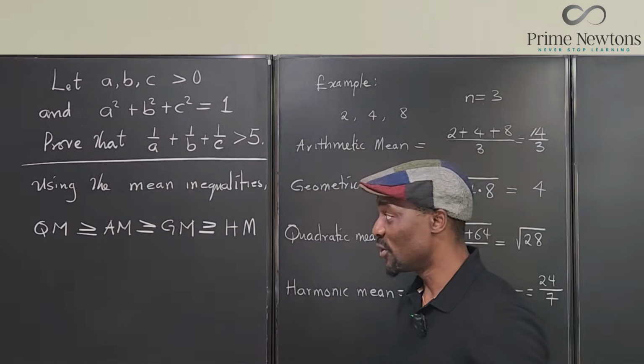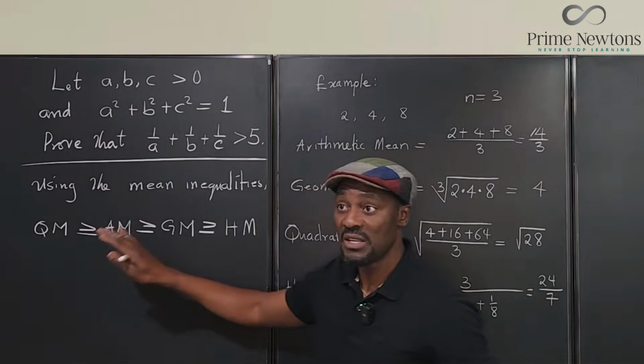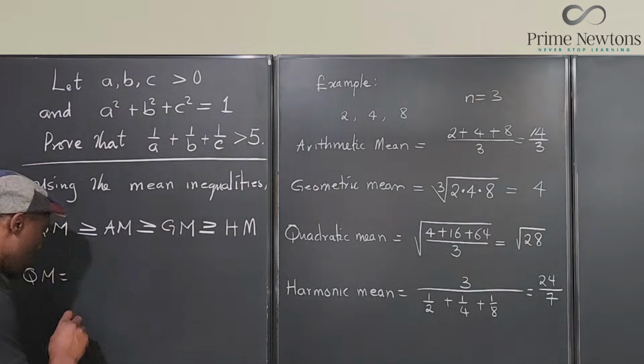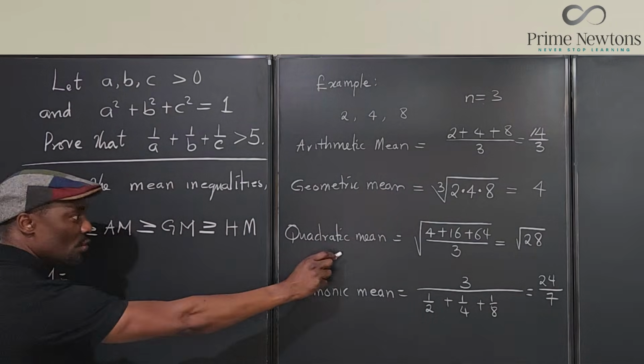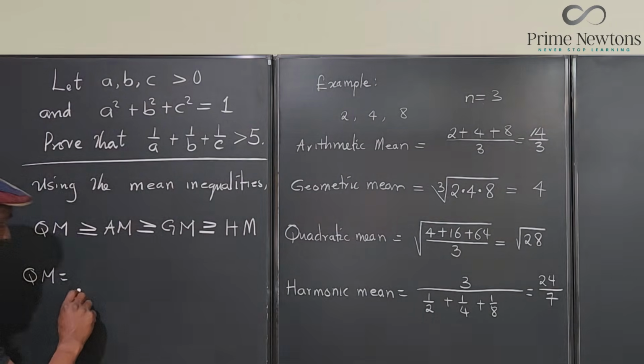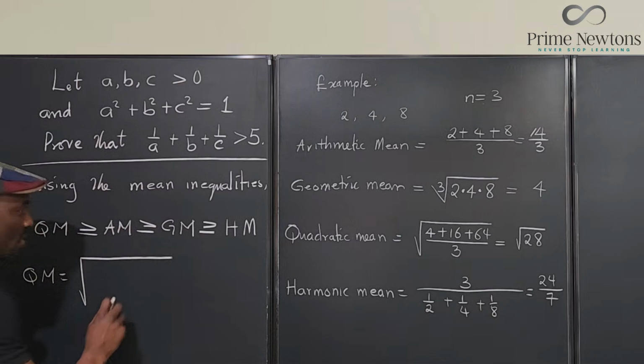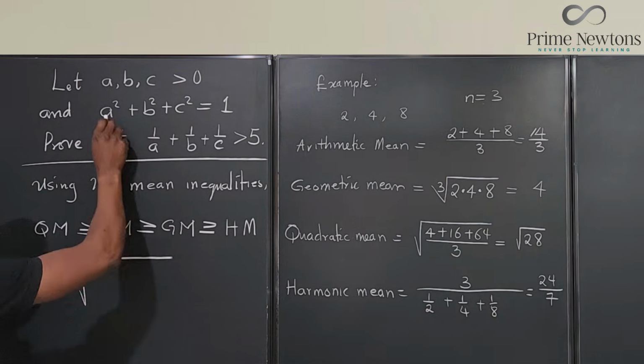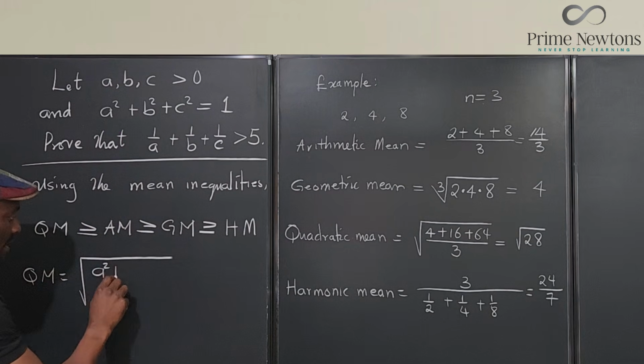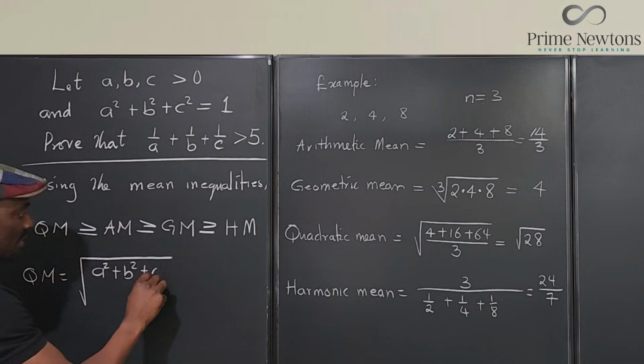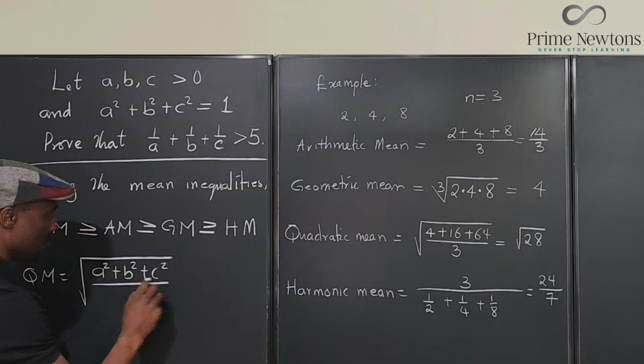So what I'm going to do is establish the quadratic mean for this set of numbers. The quadratic mean using this formula is going to be the square root of the square of each of these numbers, a squared plus b squared plus c squared, all divided by 3.